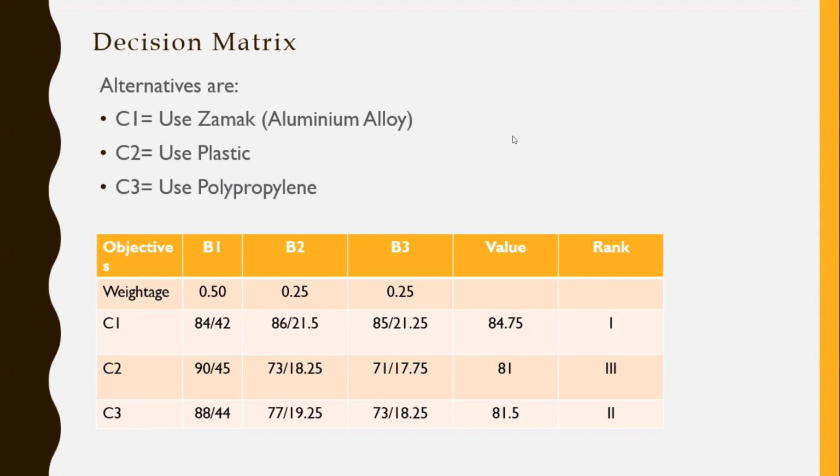Yes, there's something, or it has to be the other way, upside down. So 84 into 0.5, it's 42. 86 into quarter, 21.5. Okay.